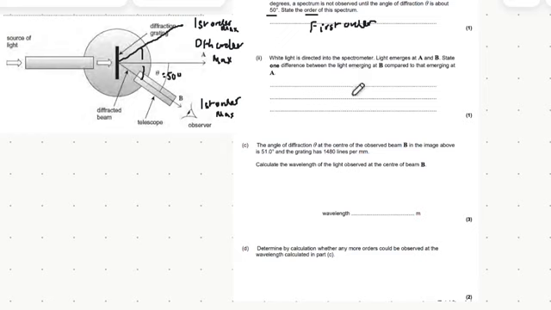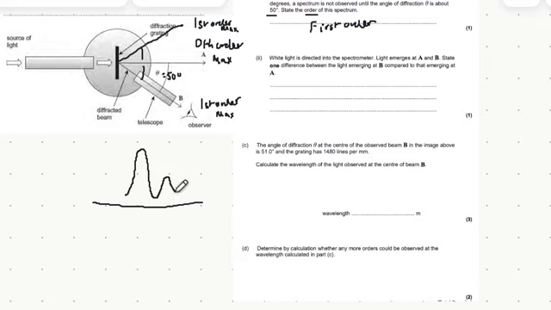Right. When light is directed, light emerges at A and B. State one difference between light emerging at B compared to light emerging at A. So the central maximum, or the 0th order, is where there's the biggest intensity. An intensity curve will always look like this. So this would be the central maximum.